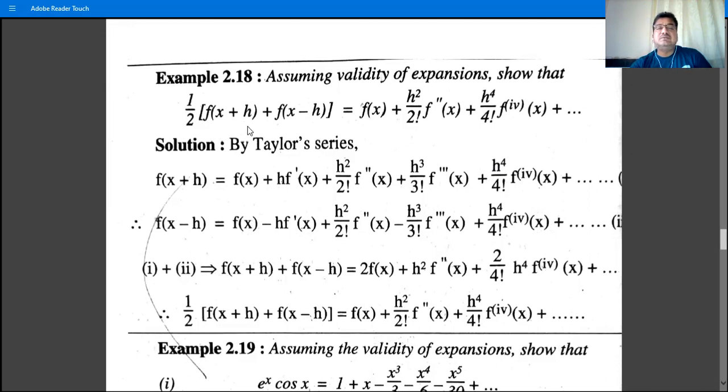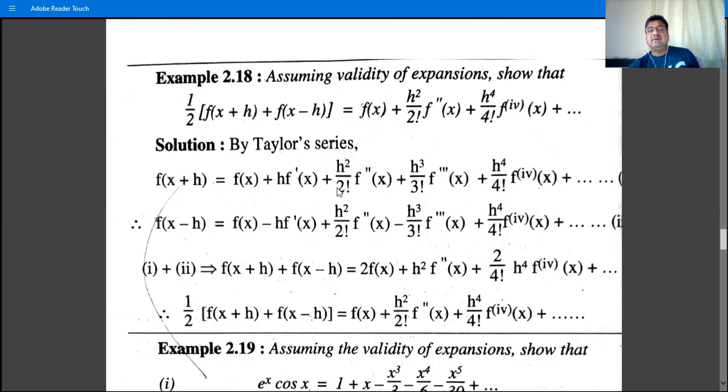So adding these two, f of x plus h and plus f of x minus h is equal to this: f of x plus f of x becomes 2 times f of x. Then this h f dash x and minus h f dash x become 0.